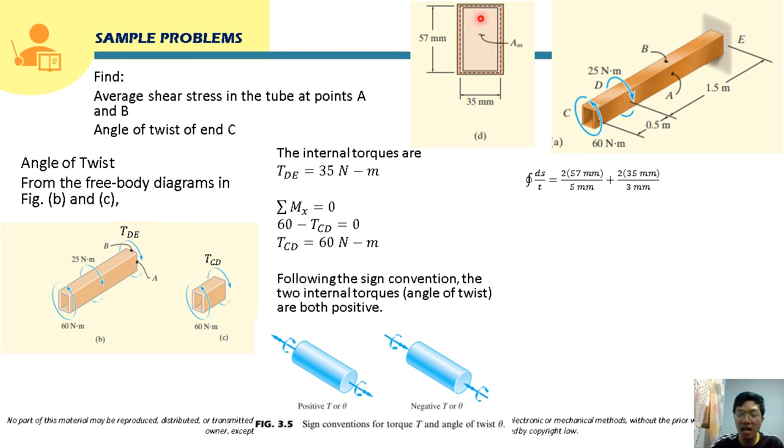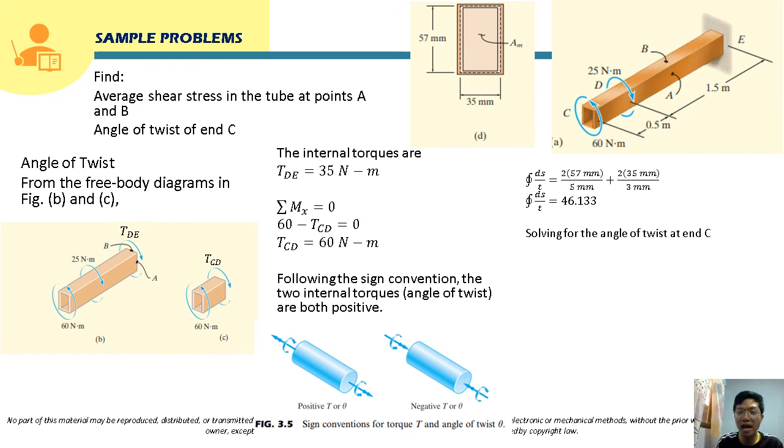So the summation of these middle lines is 35 plus 35 millimeter, or 2 times 35 millimeter, over their corresponding thickness, which is 3 millimeter. Solving this, it is actually 46.133. So we can just substitute it to this term in the formula.